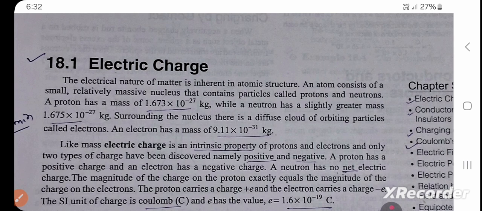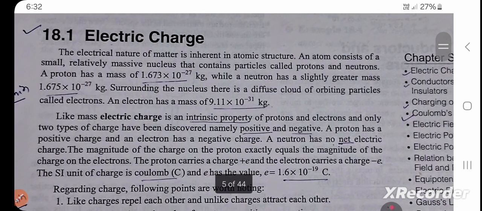A proton has a mass of 1.673 × 10^-27 kg, while a neutron has a slightly greater mass of 1.675 × 10^-27 kg. Surrounding the nucleus, there is a diffuse cloud of orbiting particles called electrons. An electron has a mass of 9.1 × 10^-31 kg.